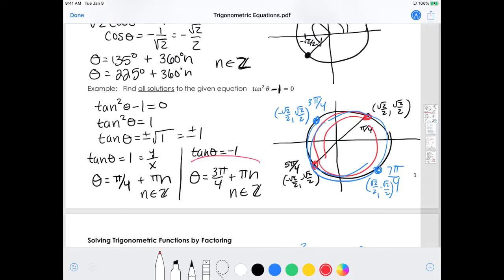So these are all my solutions. There would be 4 of them on the first rotation, but then if we want to get all the rotations and find all the solutions, we would have to add in pi n.